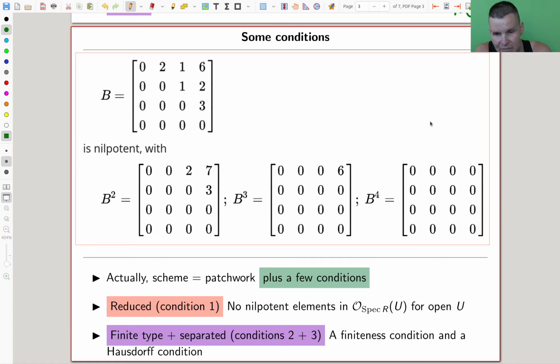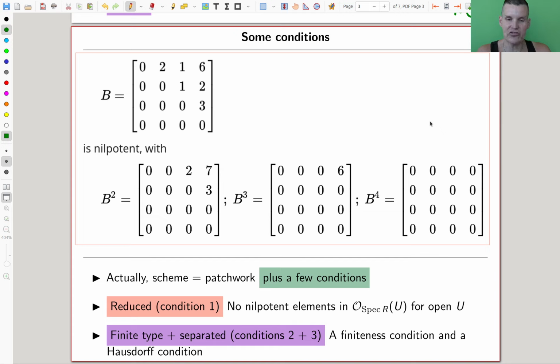But anyway, the words you usually read are reduced, finite type, and separated. Whatever those are, I'm going to briefly explain what those are. But in case you hit them somewhere, it's related to the idea that maybe the general definition of a manifold also has too many strange examples included, and you don't want them. So you add a few natural conditions to get rid of the funny examples. And you essentially do the same here.